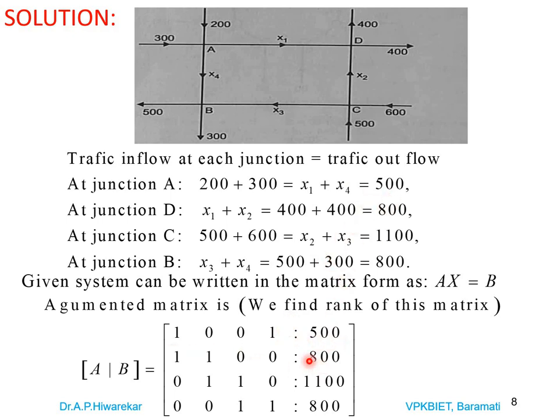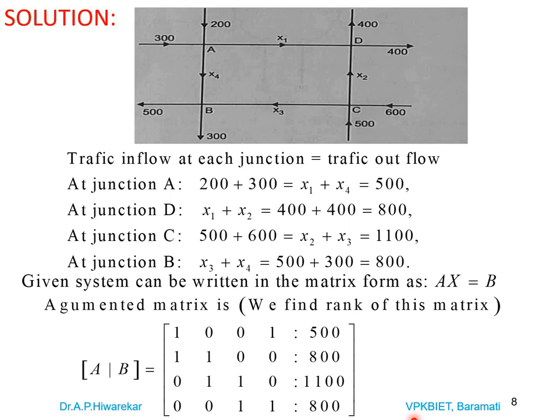Every row is one equation. This can be written as 1, 1, 0, 0 and 800. Then this equation: X1 coefficient is 0, X2 is 1, X3 is 1, X4 is 0, equal to 1100. And the last equation 0, 0, 1, 1, 800.